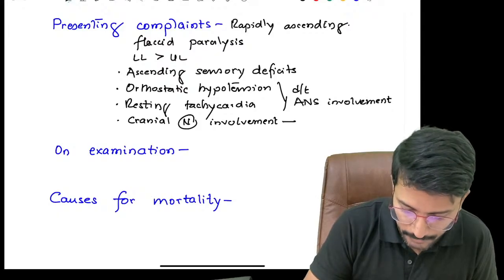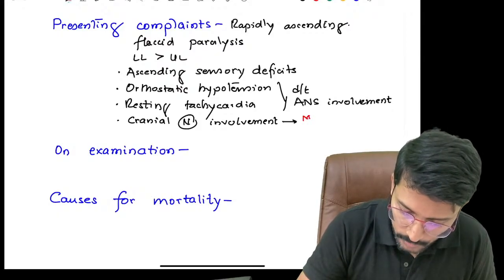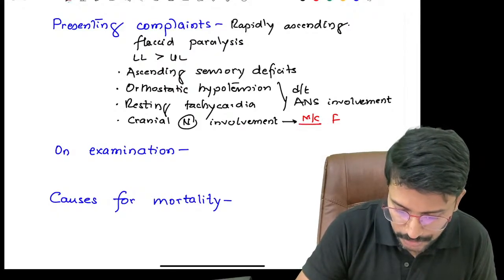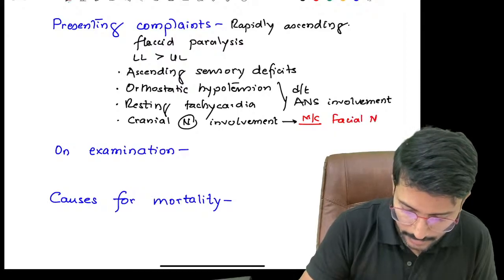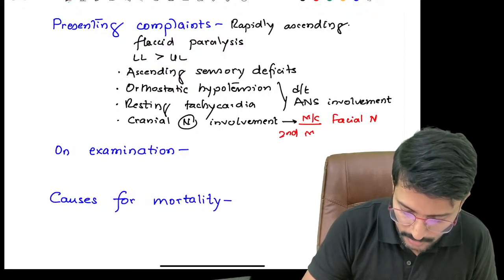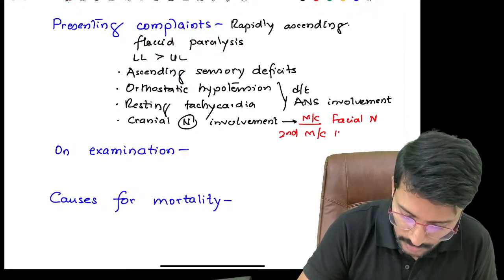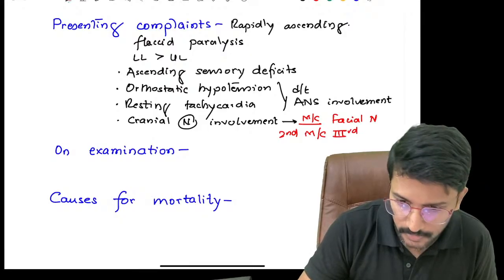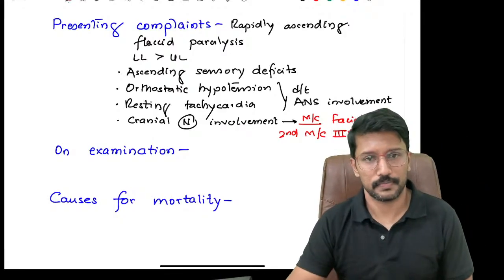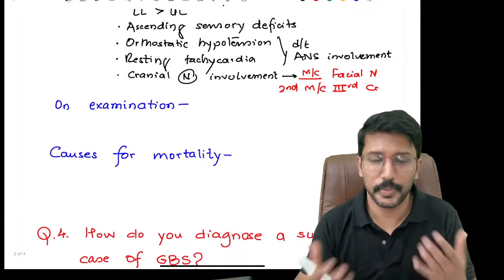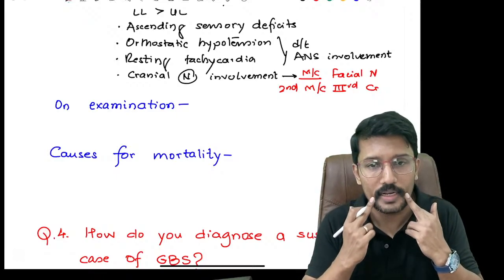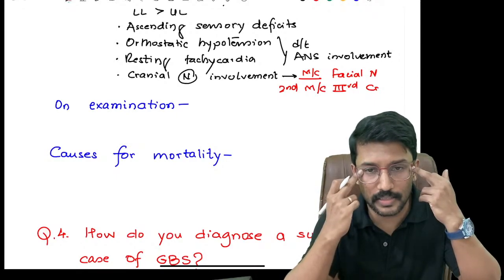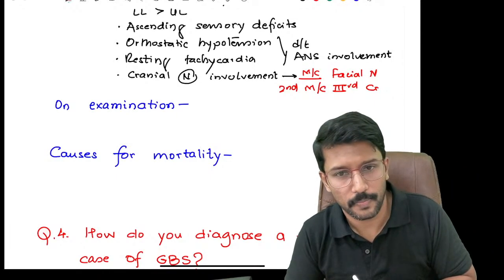Most commonly affected is the facial nerve, and the second most commonly affected is the third cranial nerve. Clear? So very often patients with GB syndrome may have bilateral facial drooping as well as third cranial nerve palsy.